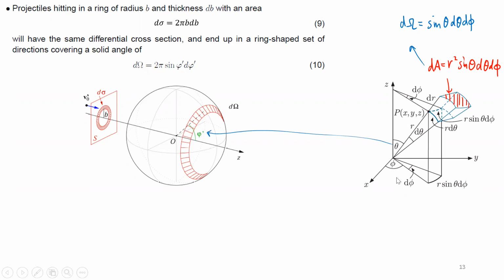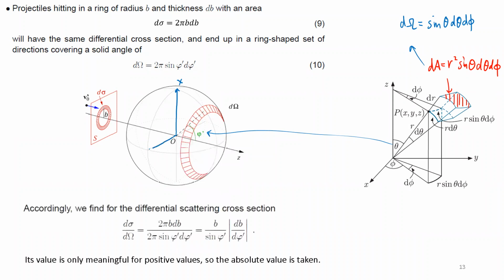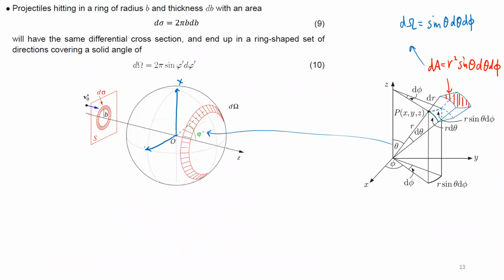And then there's another angle in the spherical coordinate, which is this phi. This variable turns out to be not important for the central force, as I will explain. But let me also draw the phi in this picture. If this is the z-axis, let me call this the x-axis, and this one the y-axis.